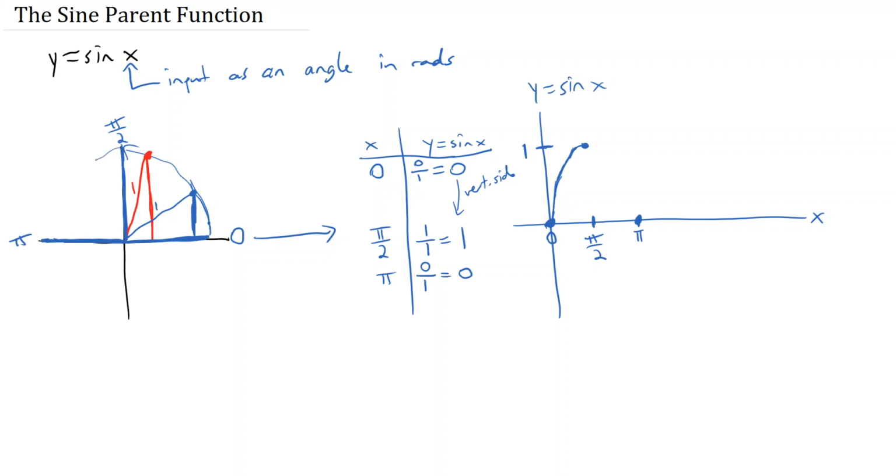And you can see again, as you rotate, it does the exact reverse of what it did as it rotated from 0 to pi over 2. It starts with a big vertical side, and then it shrinks slowly and starts to speed up as it gets closer to pi. So it starts going down slowly, and then it speeds up as it gets over here to pi. So it looks something like that.